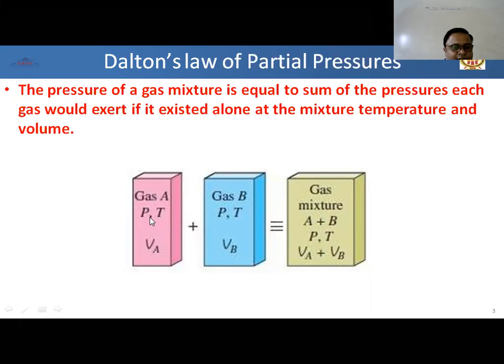Gas A is at pressure P and temperature T, but its volume is VA, and gas B is on the other side at the same pressure P and temperature T, with volume VB. The total volume of the gas mixture is VA plus VB.